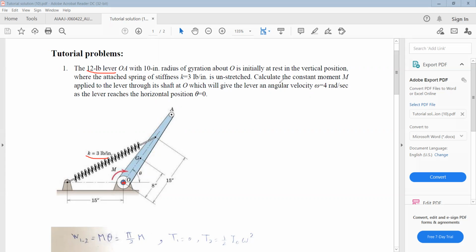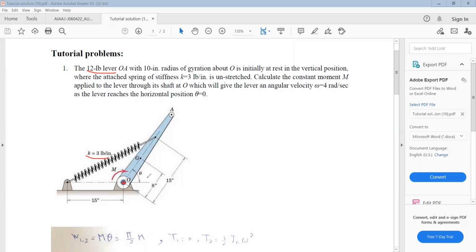We need to calculate the constant moment M applied to the lever through its shaft at O, which will give the lever an angular velocity of 4 radians per second as the lever reaches the horizontal position, theta equal to 0. So for this lever, we want to calculate the moment M which is applied to it.